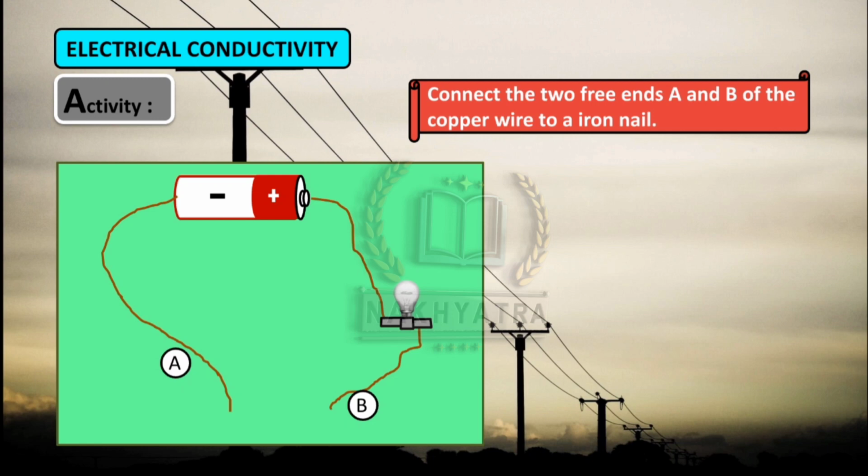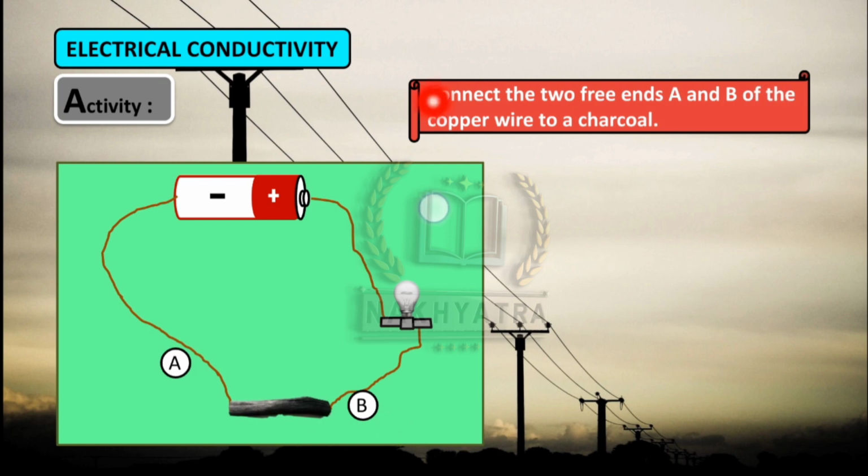After connecting it, we can see that the light bulb glows. Next, replacing the iron nail, connect the two free ends A and B of the copper wire to a graphite rod. Similarly we can see that the light bulb glows.